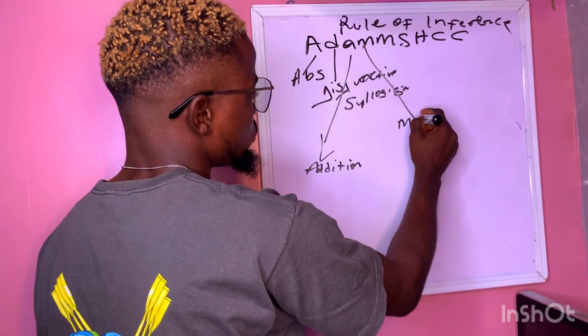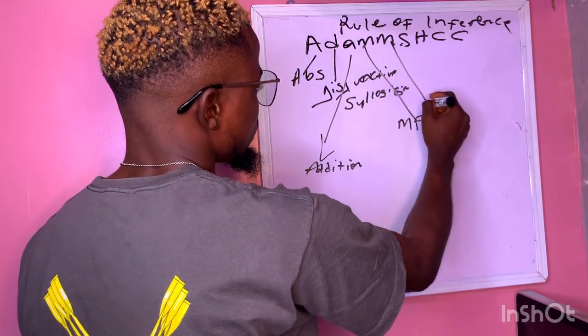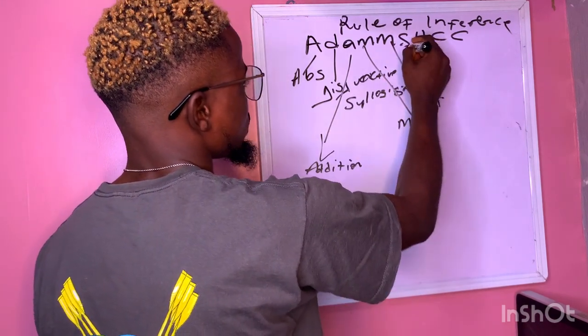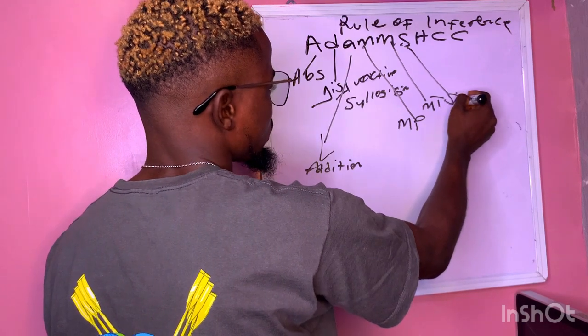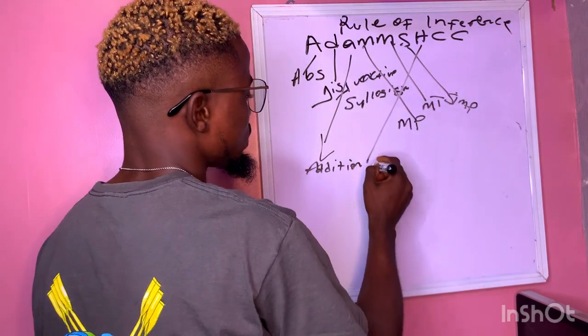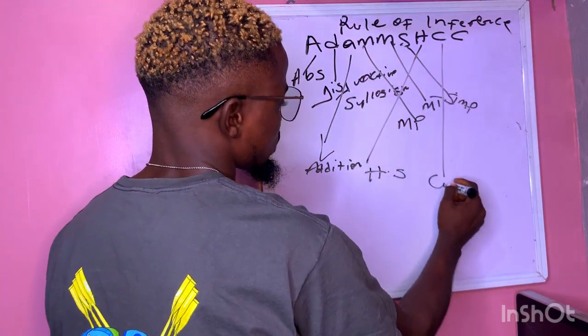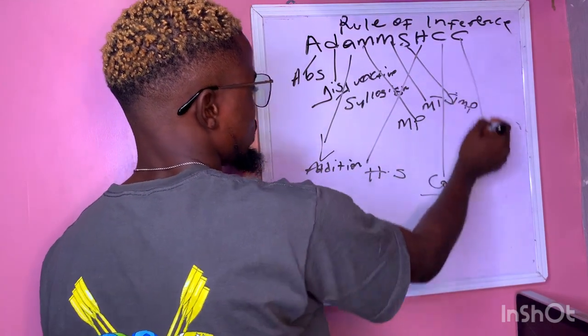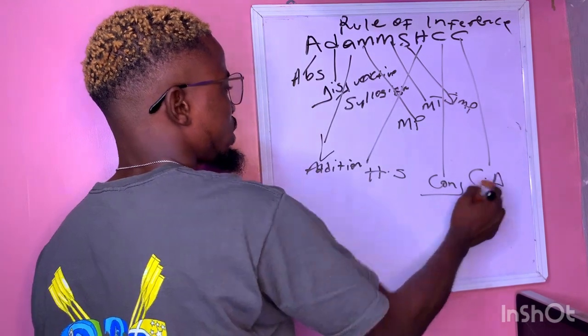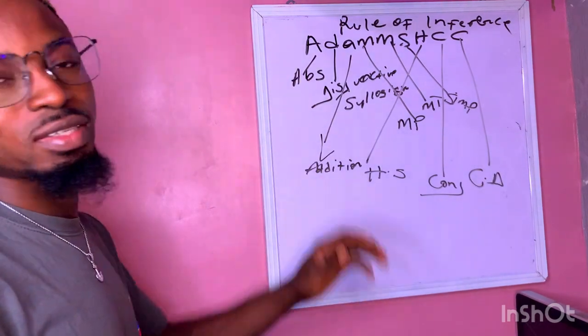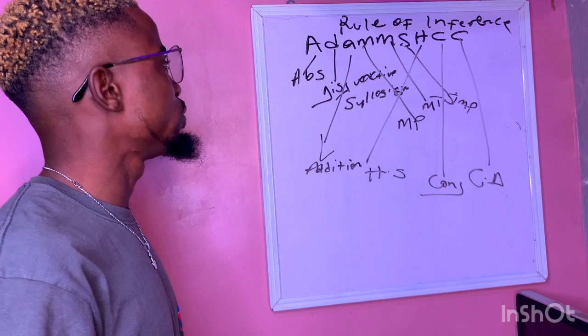This is modus ponens. This is modus tollens. This is simplification. This is hypothetical syllogism. This is conjunction, while this is constructive dilemma. So once I can remember Adam's HCC, I remember all the 9 rules of inference.